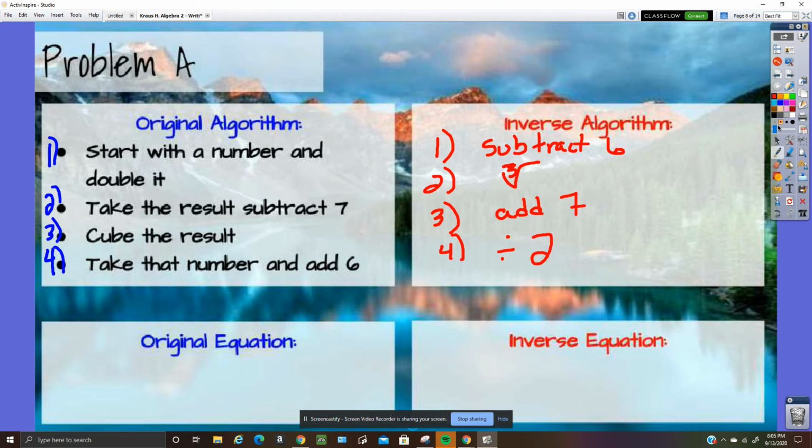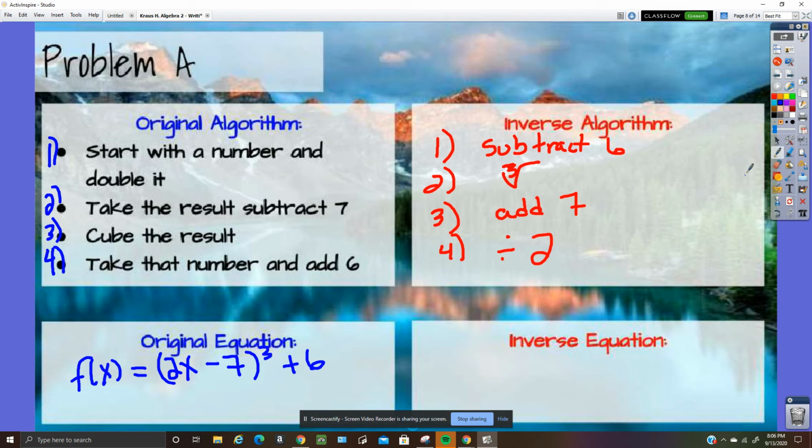So the original equation would be f of x equals: start with the number x, double it, subtract 7, and then cube the result, and add 6.